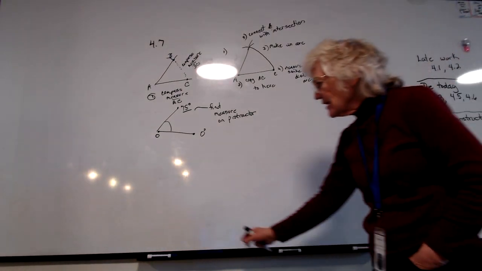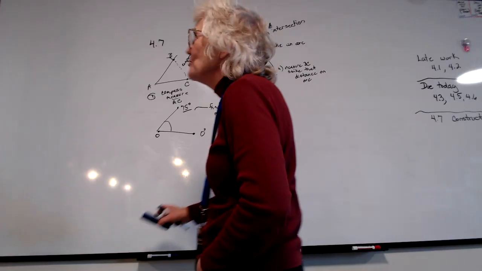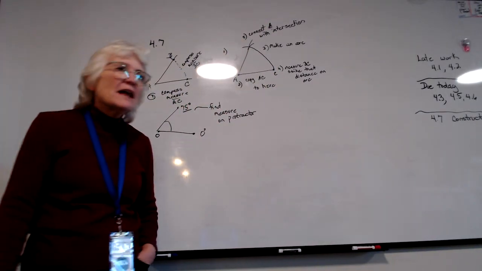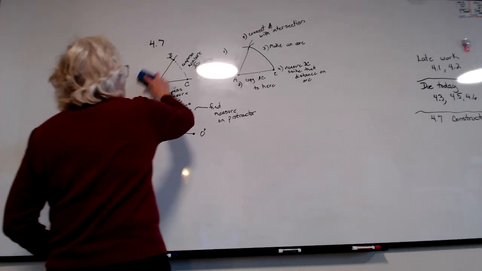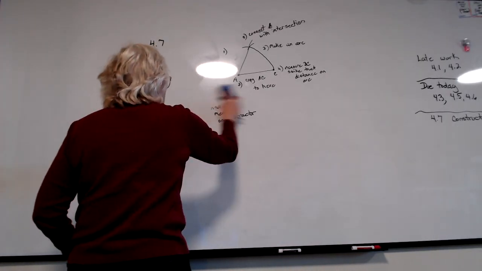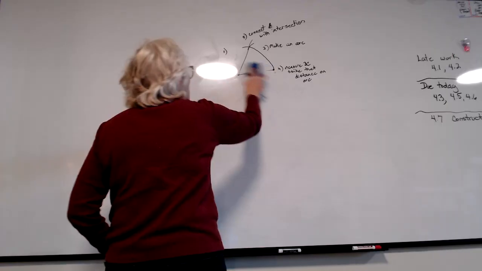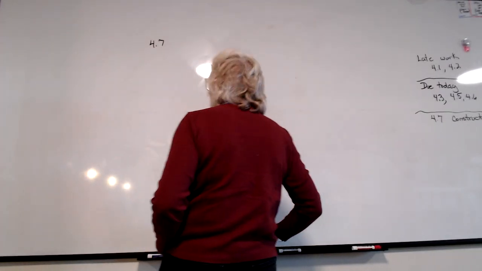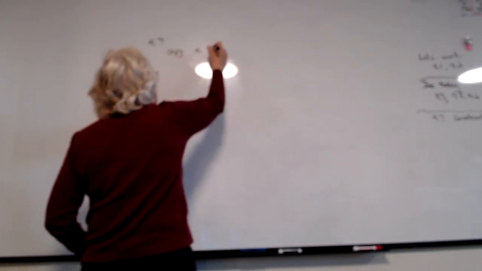Now the next one's a little bit harder to do. A triangle is harder to do with the actual protractor. So that was an angle. The next one is how do we copy a triangle? So this is copy a triangle.